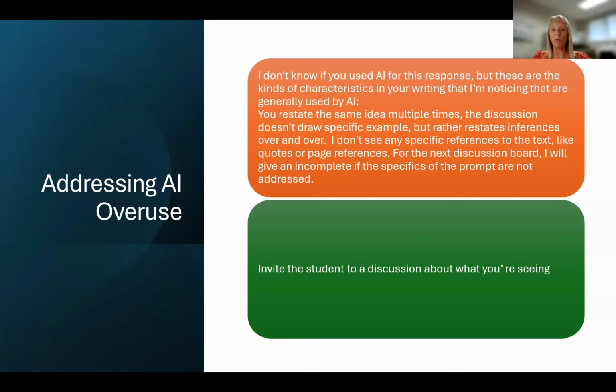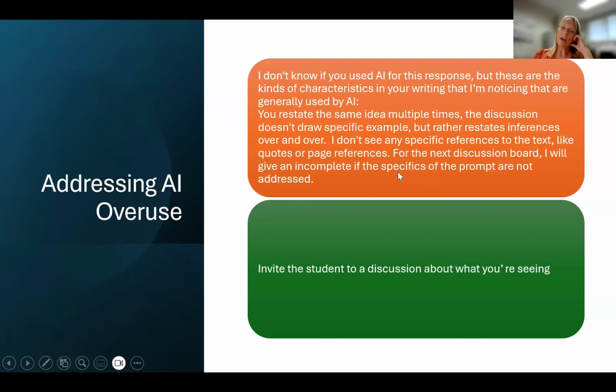It's really important to use your own voice, and that's particularly important for essay writing, for creative writing, that your voice matters. So here are the things I'm seeing, and these are the things that I often see when using artificial intelligence. And then for the next time, let's make sure this is what will happen if these specific things in the prompt are not addressed.